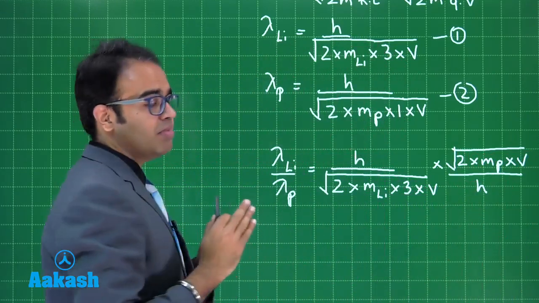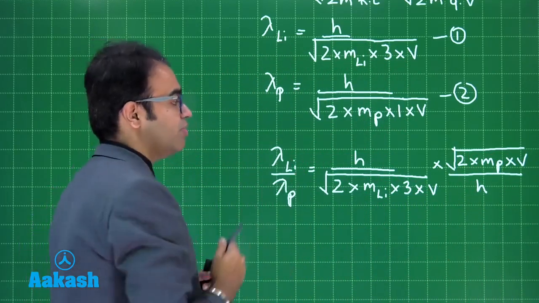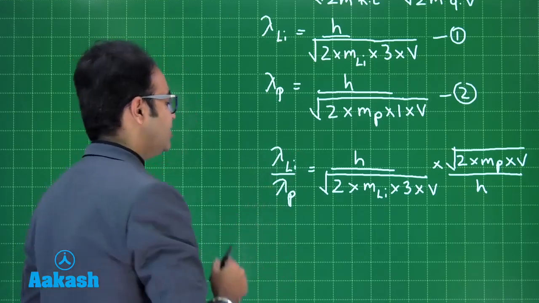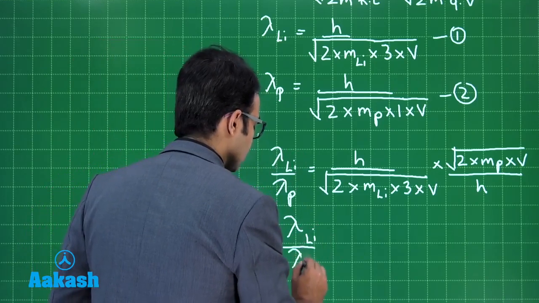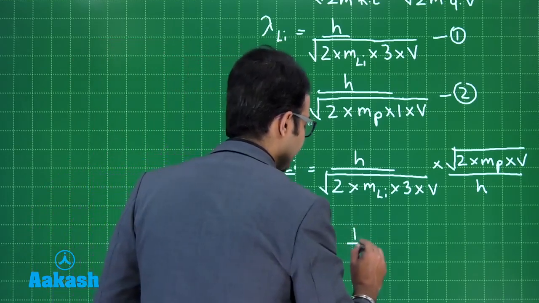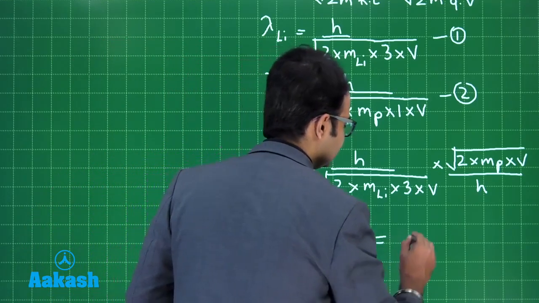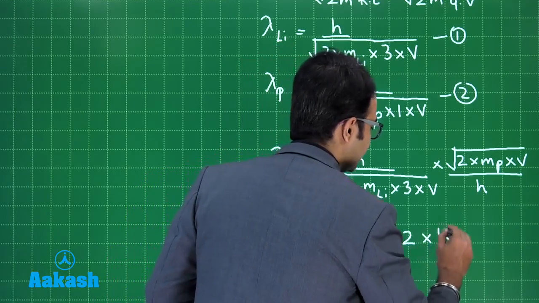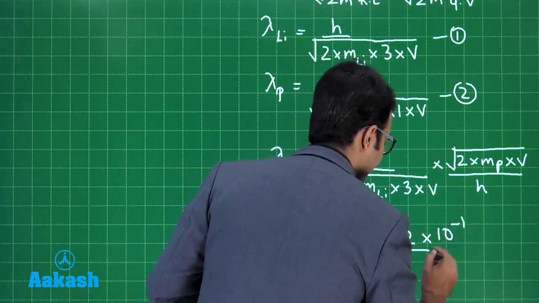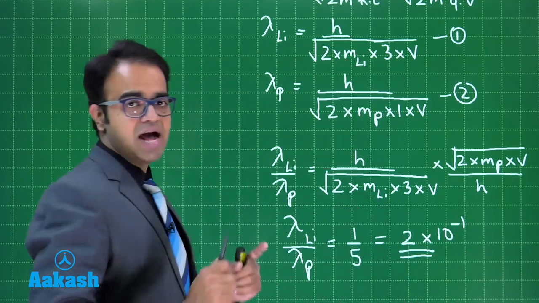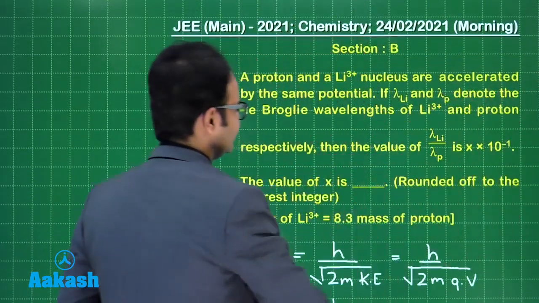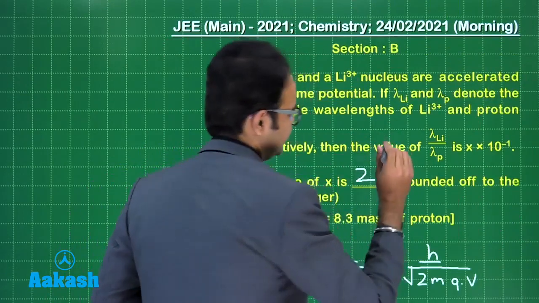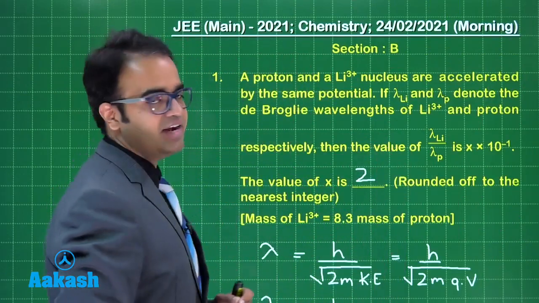We'll substitute mass of lithium in terms of mass of proton, and once we do that, we will get this ratio as 1 by 5, and that is equal to 2 into 10 to the power minus 1. So that is your final answer. So the value of x over here is 2. I hope you have understood this.